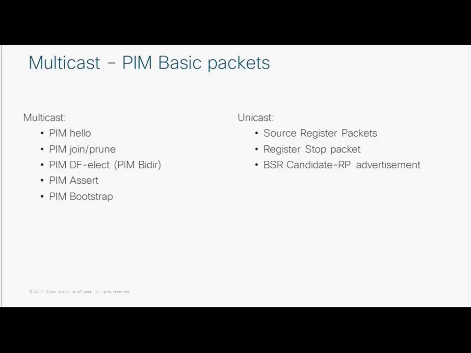Okay, I will describe the states in the next slide. A register stop, which means that we don't want to forward that traffic, and the BSR candidate, which is the advertising for the RP in the network. This is using all PIM.